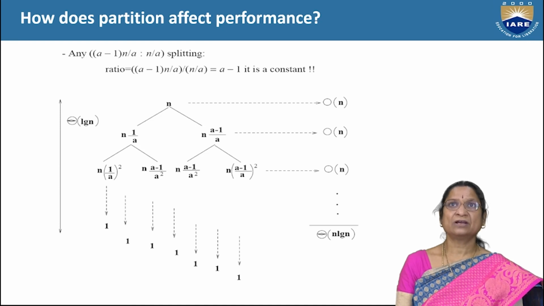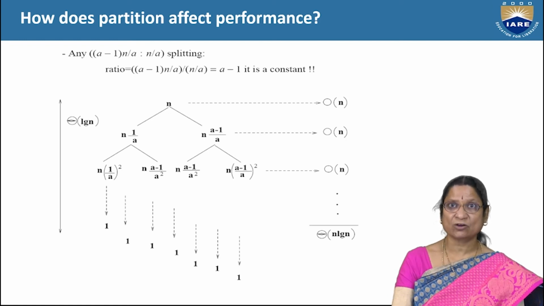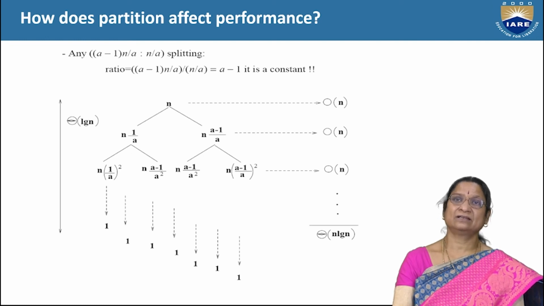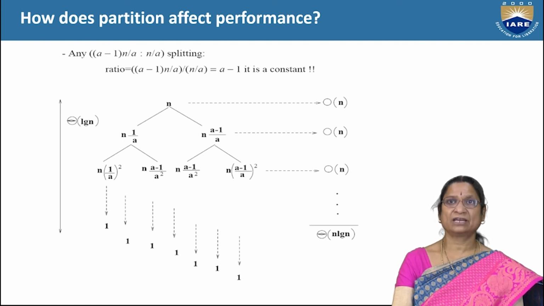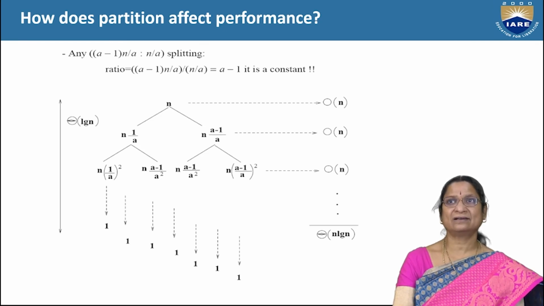So if the partitioning has some ratio of splitting such that the ratio is constant, then the complexity will be n log n. If the ratio is not a constant, the complexity is more than that.